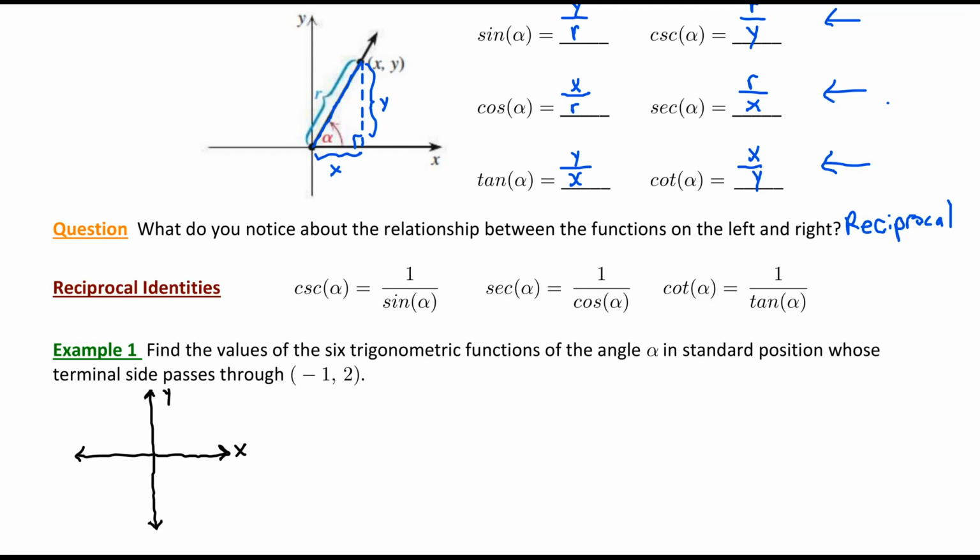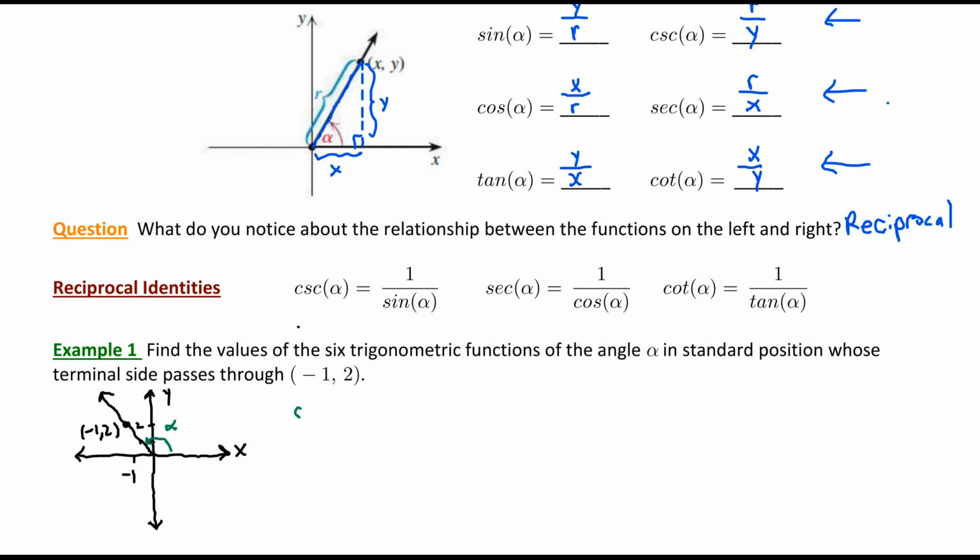So plotting the point -1, 2, we can see that it's a quadrant 2 point. So the angle that contains that point would have its terminal side in quadrant 2. So we define angle alpha to represent this angle.